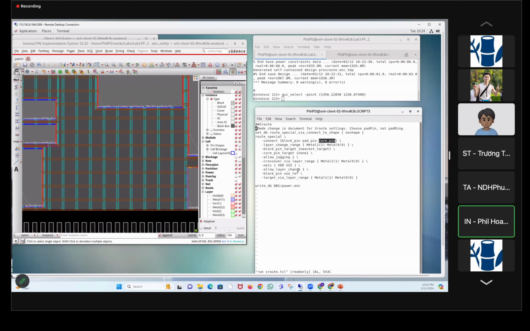So you build the straps, you build the rings. Hello, it's not responding. Okay, then now you run the route. So let's see what it does.